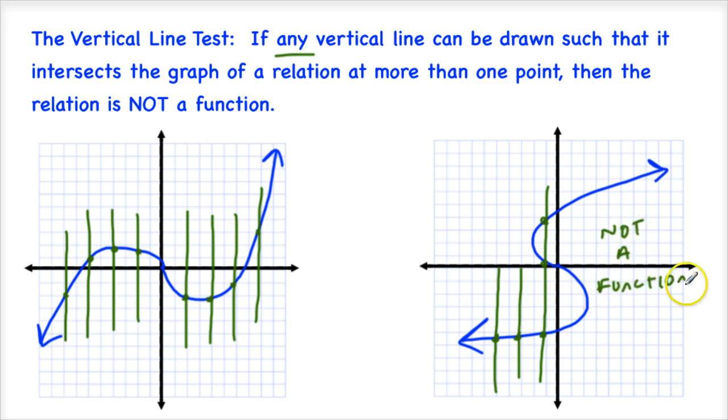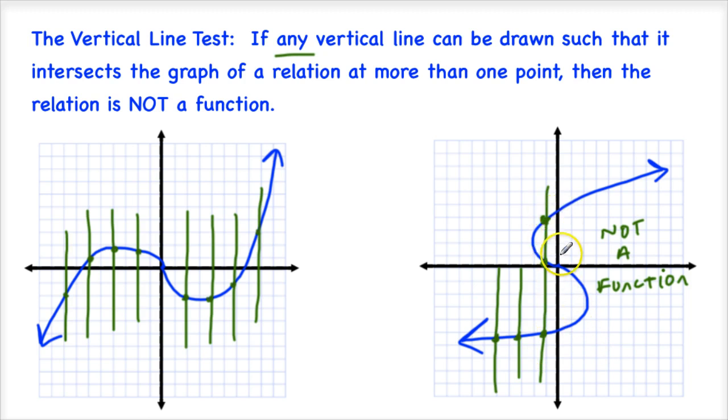And if you want to think of this in terms of our other 3 ways of testing whether or not a relation is a function, these are 3 points, right? So if we were thinking of the set of ordered pairs here, I would see 3 different points with the same x coordinate, -1, but with 3 different y coordinates.